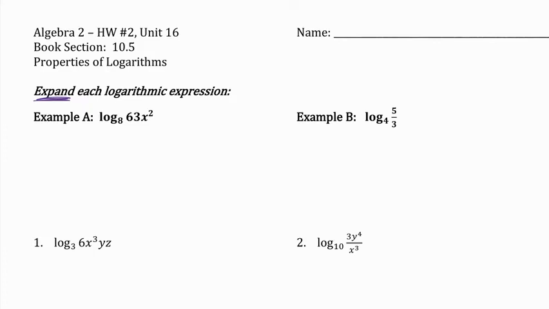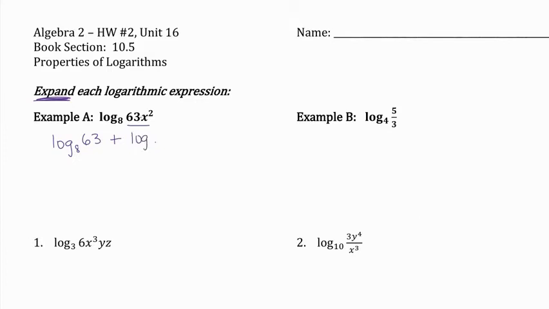All right. So if I'm doing log base 8 of 63x squared, at 63x squared, there is multiplication between the 63 and the x squared. So the first thing I'm going to do is separate this into log base 8 of 63. And since it's multiplication, I'm going to change that to addition.